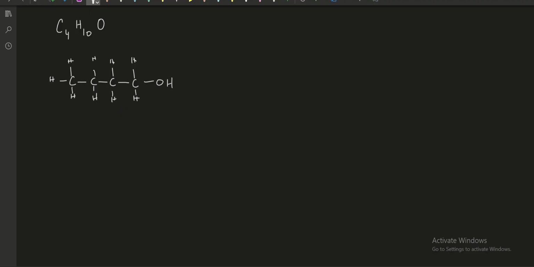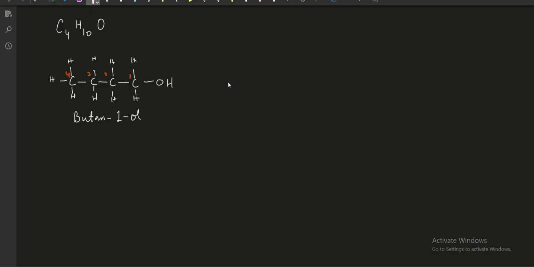So if you number it, this is carbon number 1, 2, 3 and 4. So what would be its name? It will be butan-1-ol, because the OH group is attached to the first carbon.